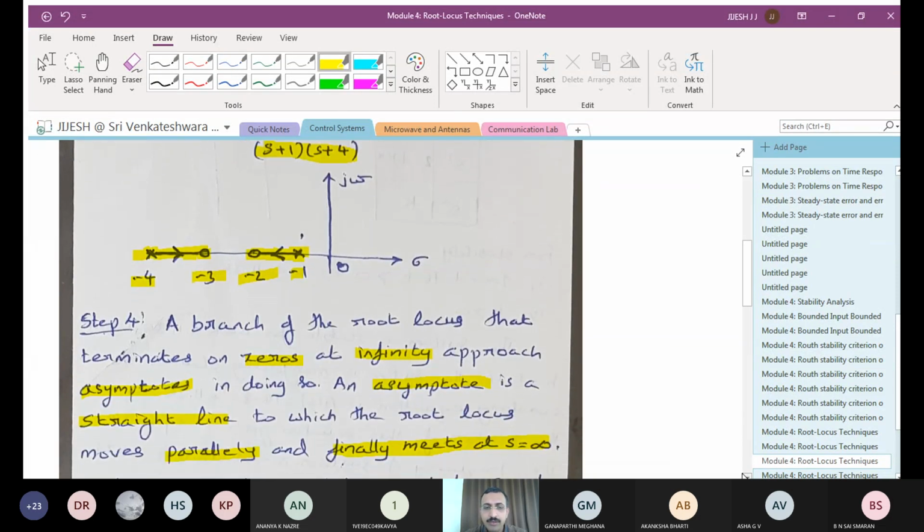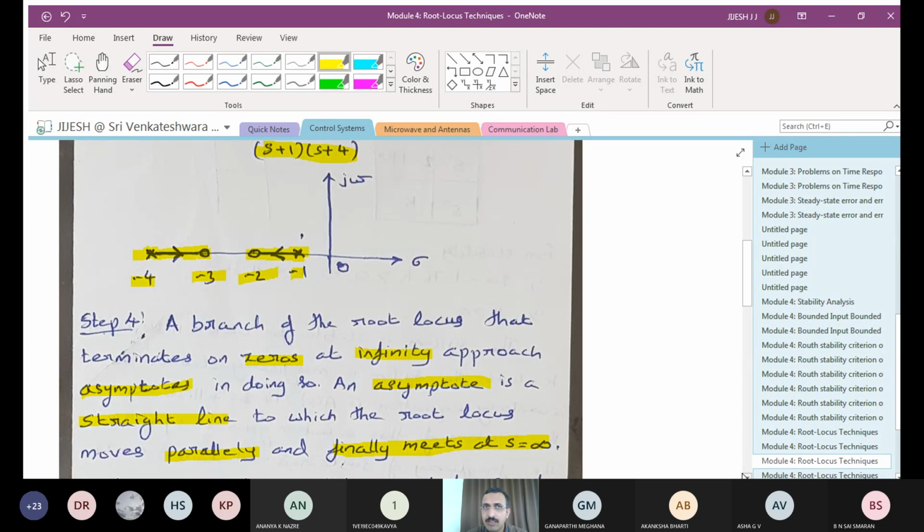Similarly, you need to understand the asymptotes as well. Asymptotes are drawn as straight lines, and you have to find out at which angle to draw them, and also how many asymptotes are available. You should also understand that when you draw the root locus, it should meet the asymptotes at infinity.